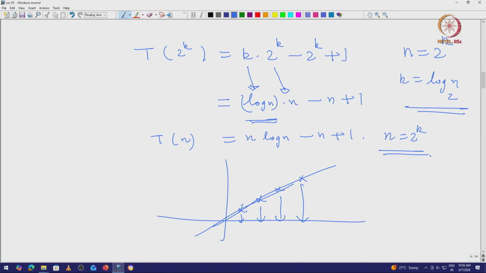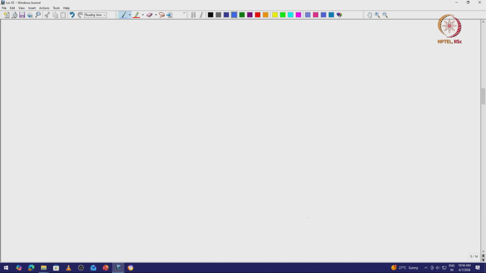So, let us say you have observed that a function f of n equal to k for 2 power k. Other values I do not know. In between it could be anything, right. I have this value, then I have this value, then I have this value.